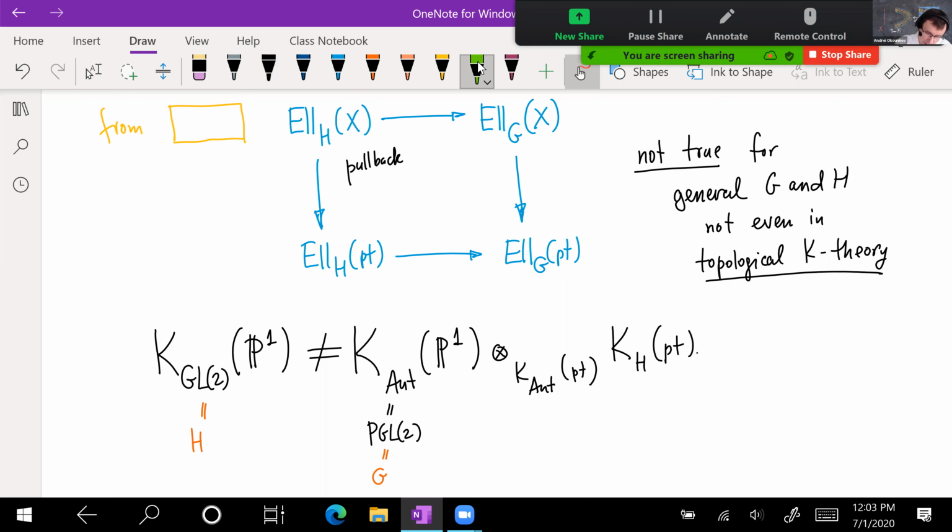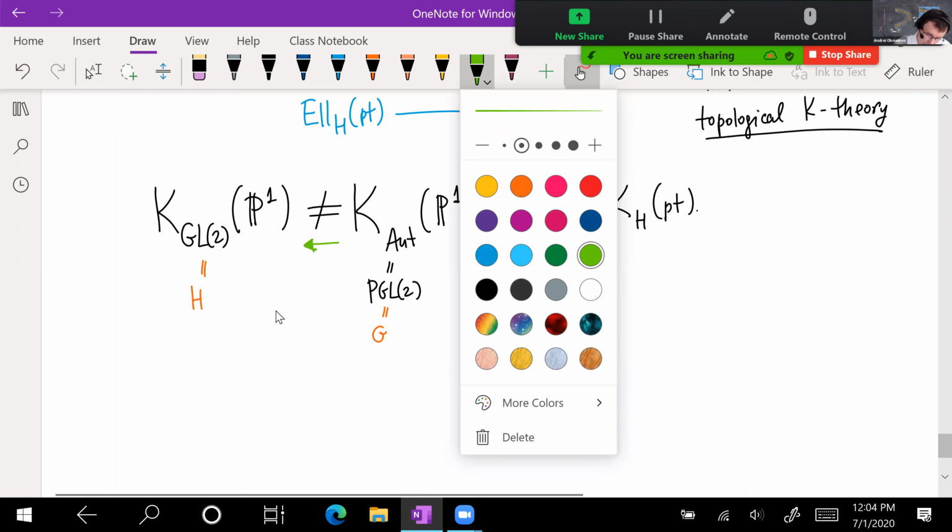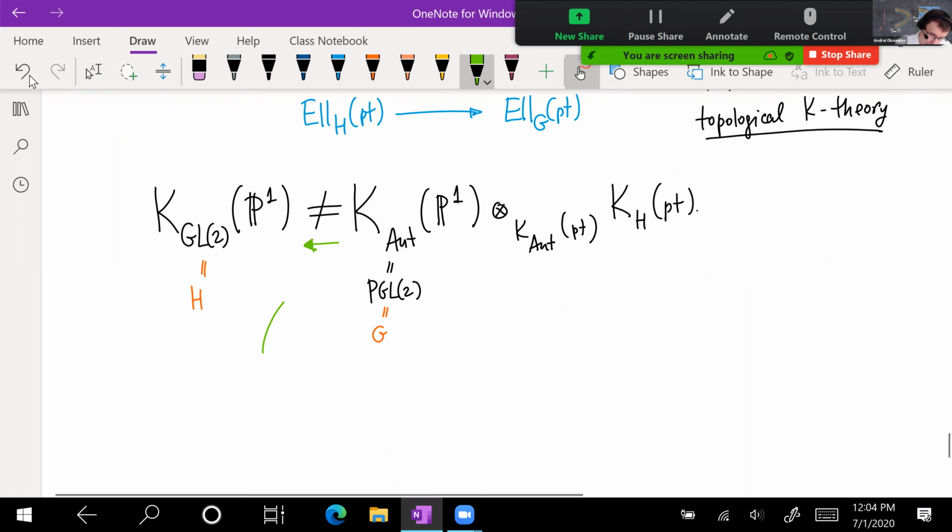There is a map this way. No, sorry, the map the other way.